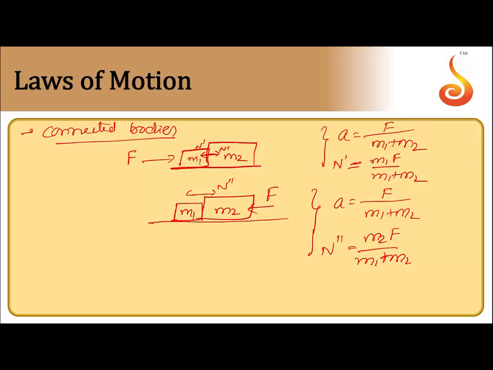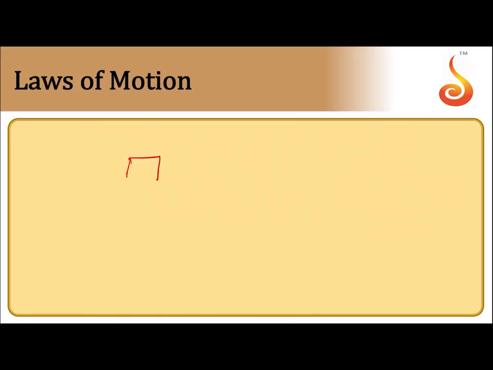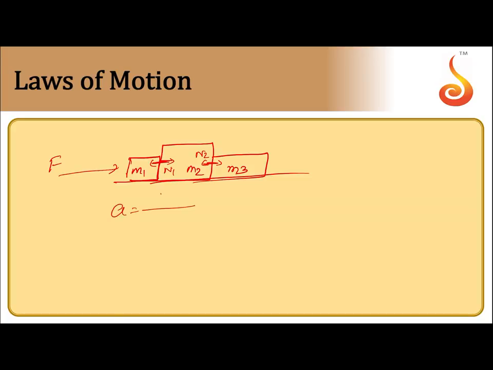Suppose you consider the case of three blocks, block 1, block 2 and say block 3. Their masses are m1, m2 and m3. I am applying a force F here, and the force between these two is say N1, the force between these two is N2, then the results are here. Acceleration is F divided by m1 plus m2 plus m3 as expected.